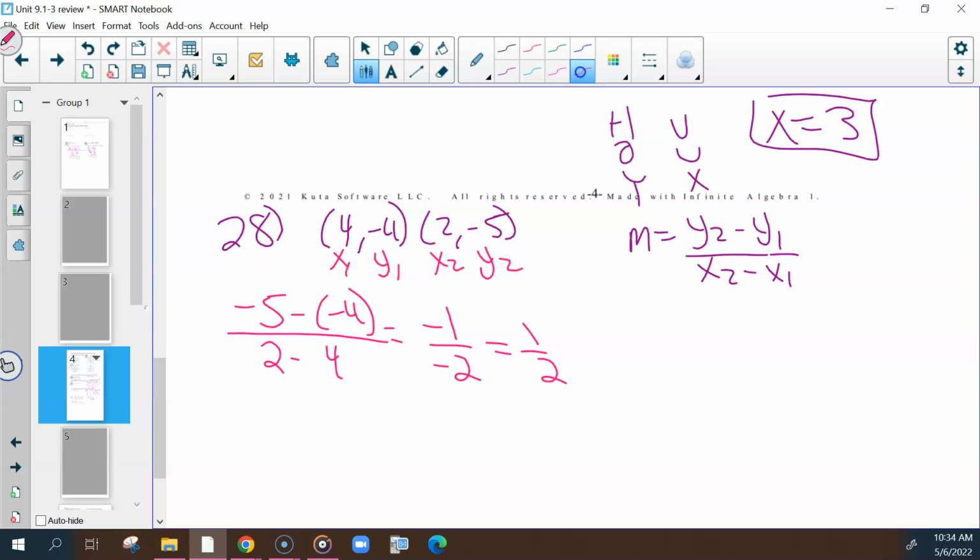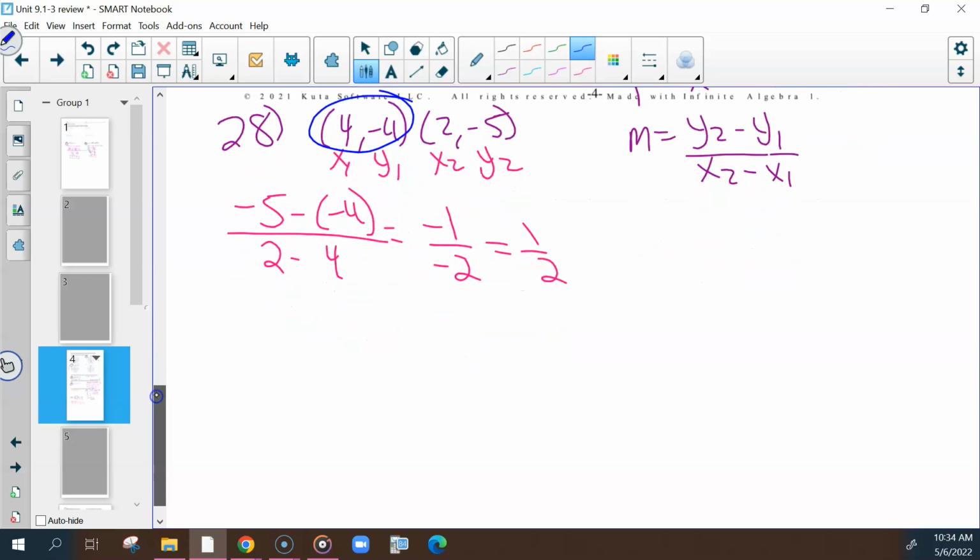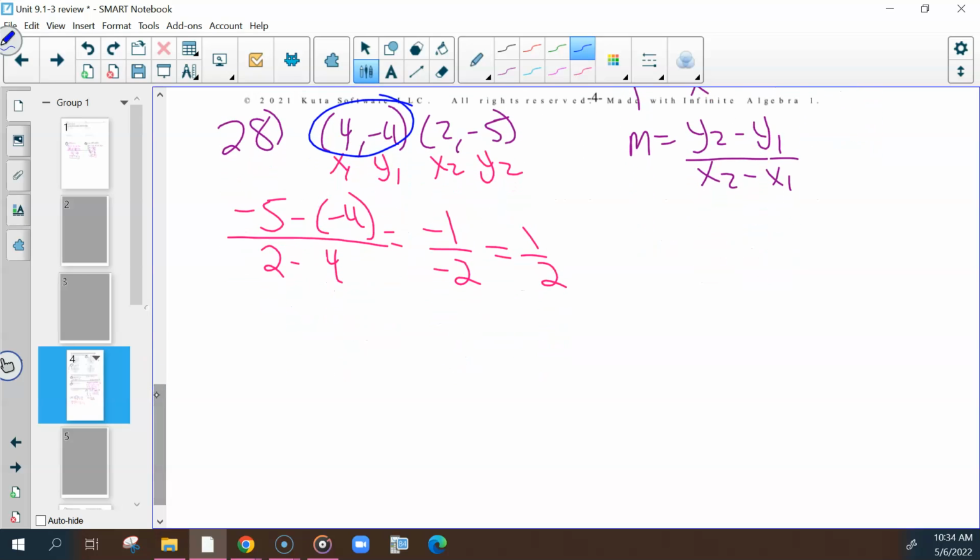From there, we can choose either of these points and solve. I'm going to use the first one. So we have y minus a negative 4 equals 1/2 times x minus 4. You can distribute and change the negative negative to a plus at the same time.